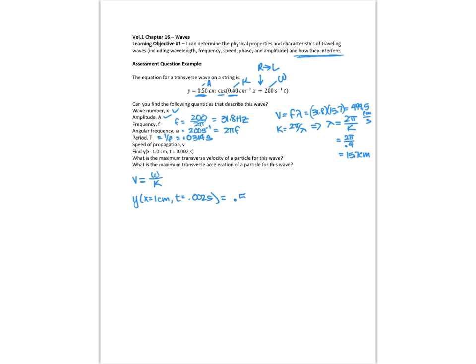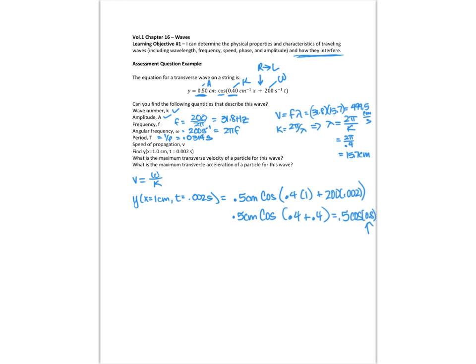So we get 0.5 centimeters times the cosine of 0.4 times 1 plus 200 times 0.002. So it's 0.5 centimeters times the cosine of 0.4 plus 0.4. So we're taking 0.5 times the cosine of 0.8.